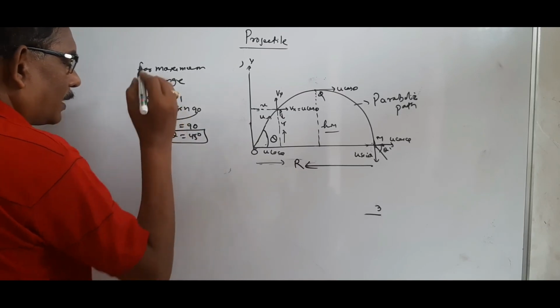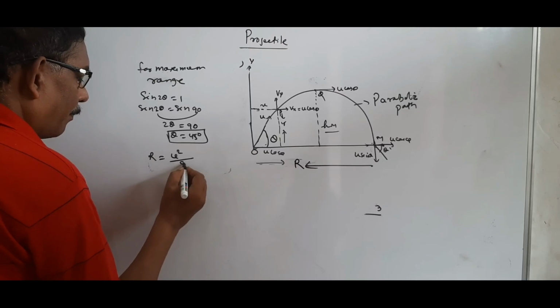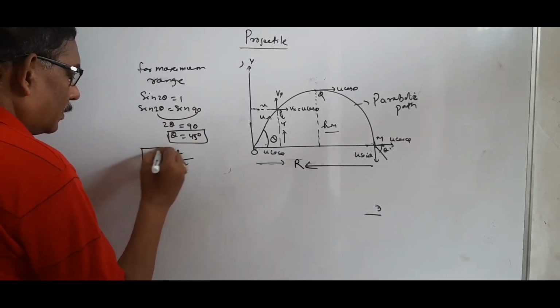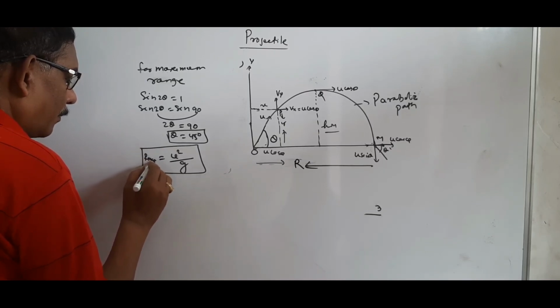This is the condition for maximum range. So R is equal to u square by g. This is your maximum range, R maximum.